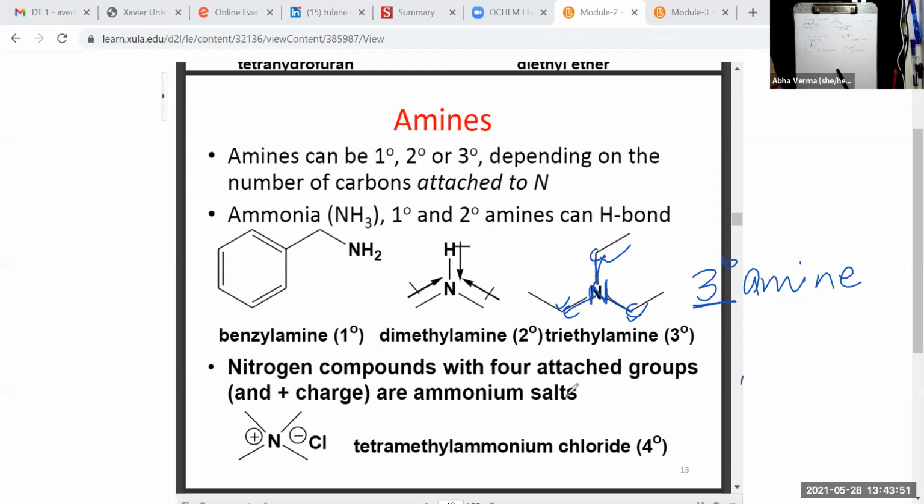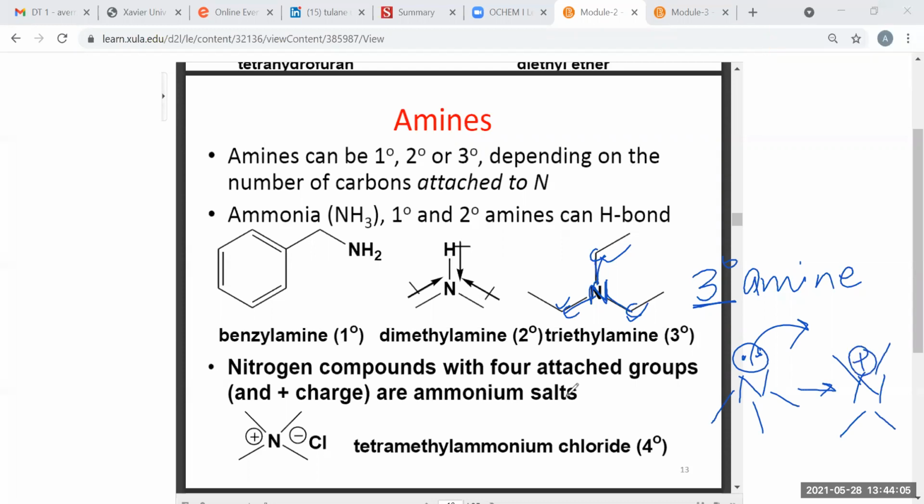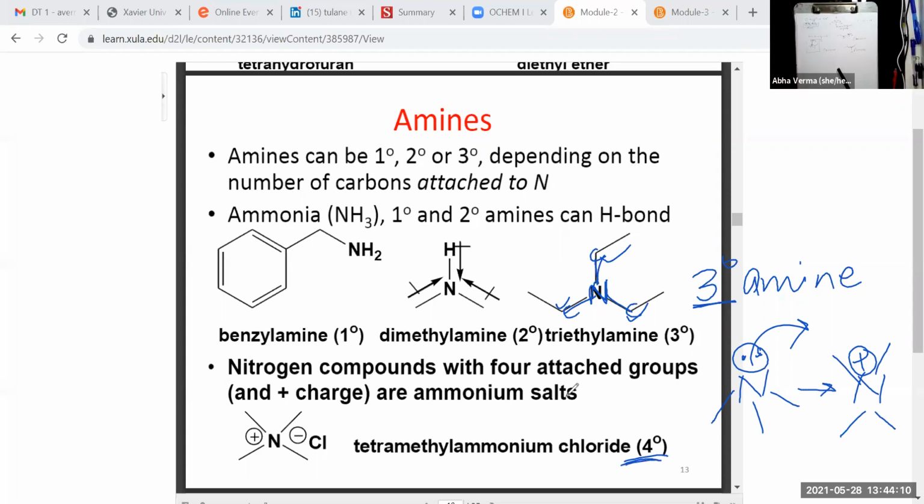Nitrogen has a very special property. It has a lone pair also. So with this, it can bond a fourth bond and can make a quaternary structure also, but with a charge.